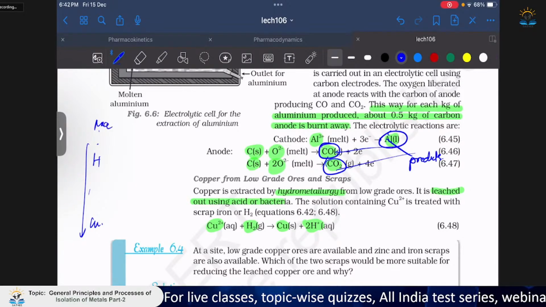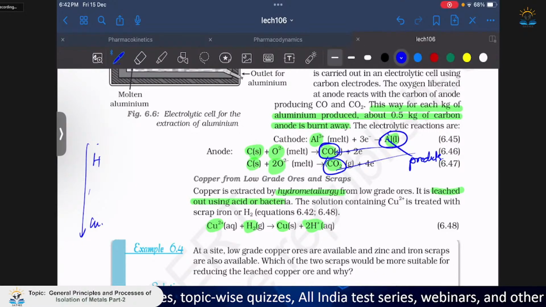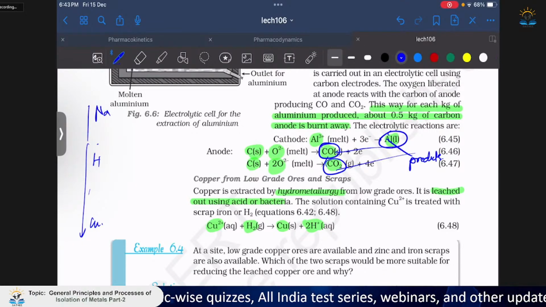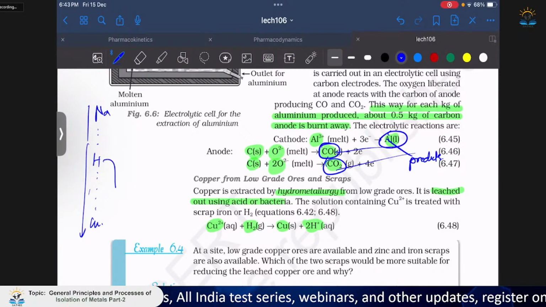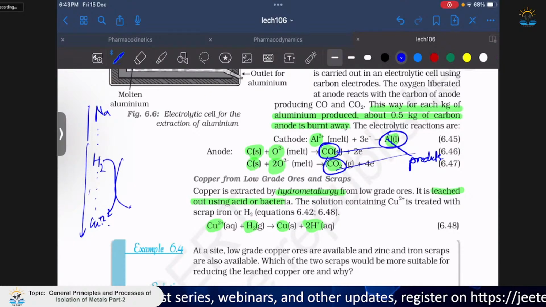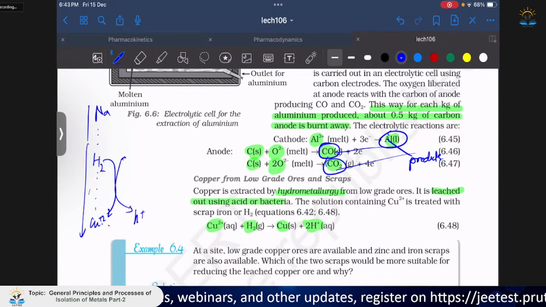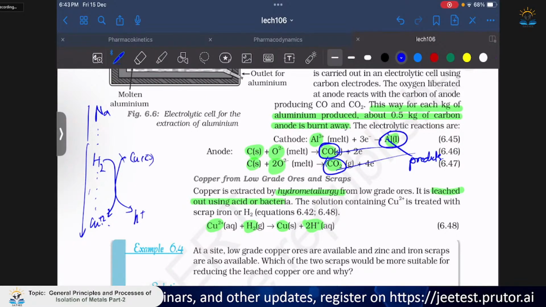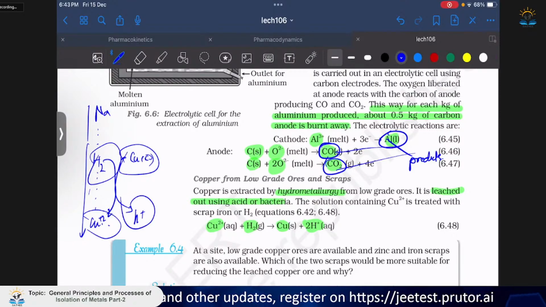For example, sodium is at the top, hydrogen will be somewhere in the middle, and copper will be even below hydrogen. So H2 can displace Cu plus 2 and form H plus and solid Cu. So we are getting copper metal.